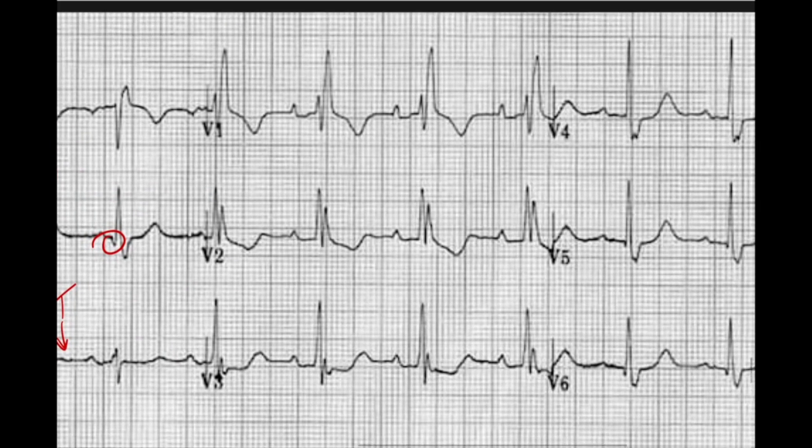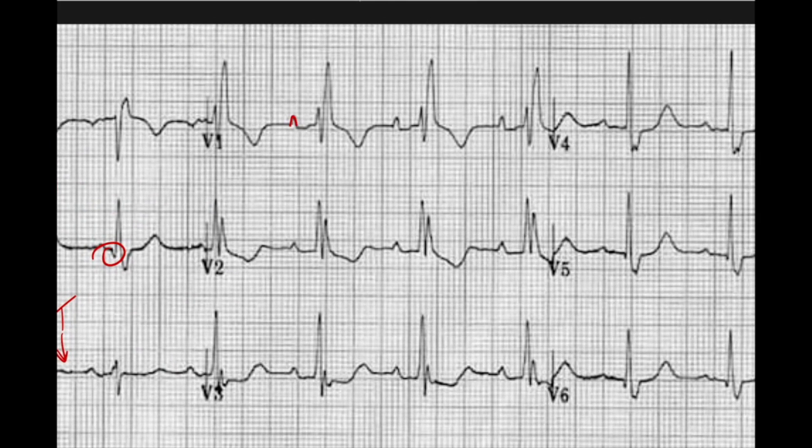In V1, we have some interesting P waves. They almost look squished, and they're upright. It seems that maybe we have some PR depression, some of that PR interval depression.